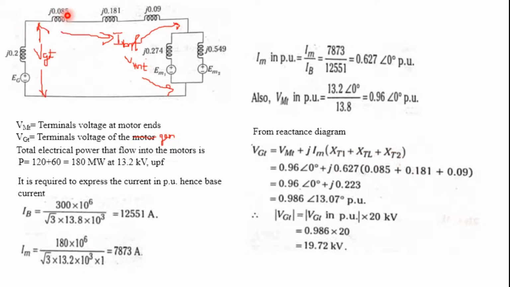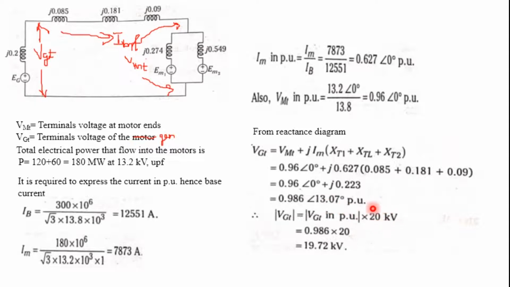So VMT in per unit is 0.96, plus the IM value 0.627 times transformer T1 0.085, transmission line 0.181, plus transformer T2 0.09. Substituting all this, we get 0.986 at an angle of 13.07.